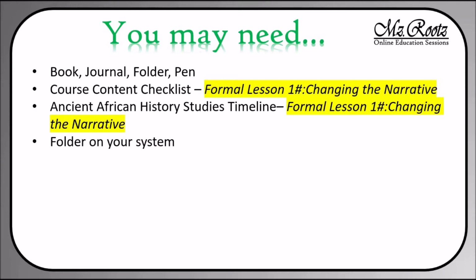So if you haven't already downloaded your course content checklist, go over to your formal lesson 1. The link is within the description box. Select the link and that document is yours. You will also need the Asian African History Studies timeline. Again, this is available in your formal lesson 1. Again, in the description box, the link is there. Press the link, that timeline is yours.